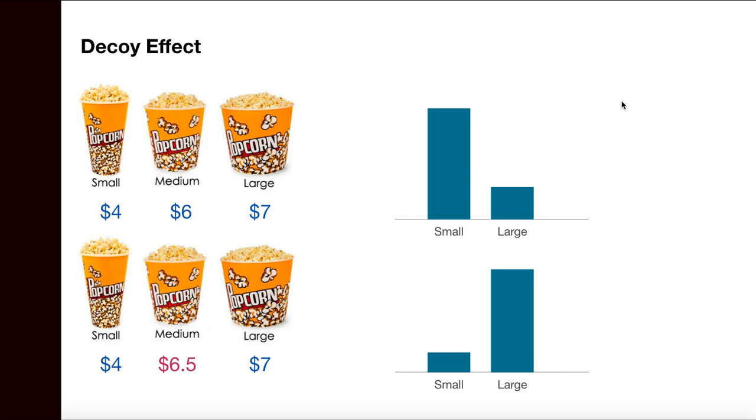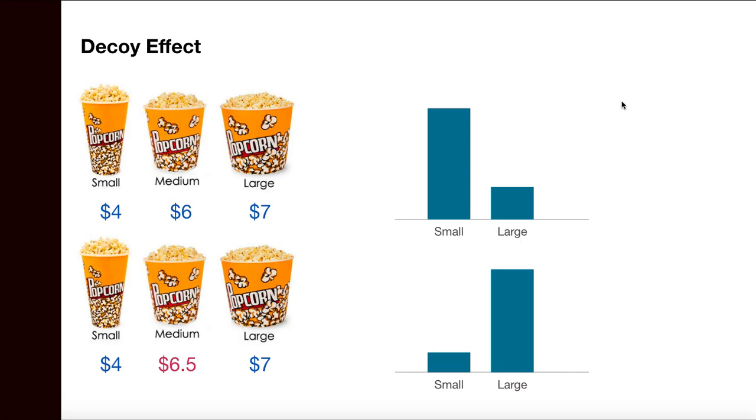So when you look at what happened with this introduction of decoy to the popcorn, you see that initially people who purchased a small were more, because when they compared small, medium, large, they were like, okay, let's go for small. But the amount of large that got purchased was comparatively less.